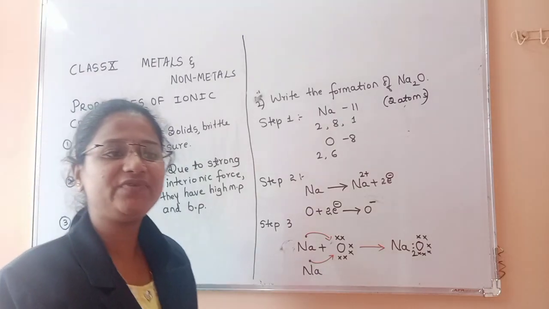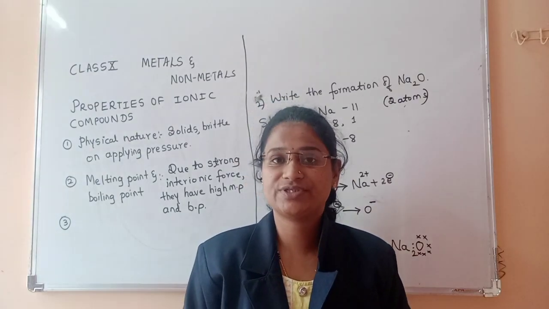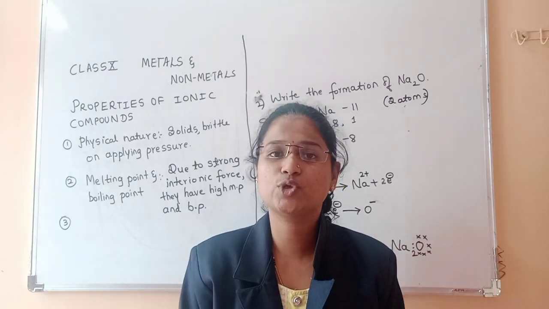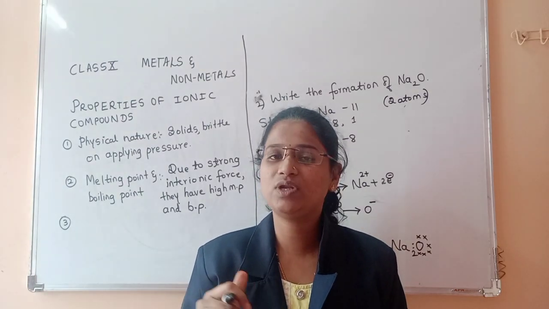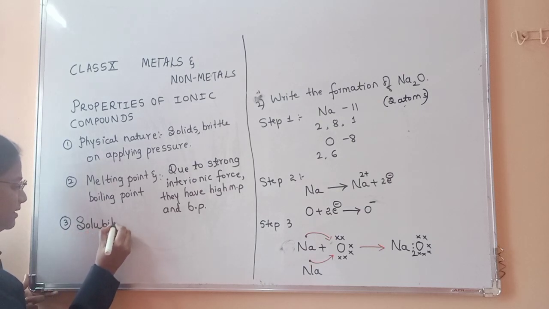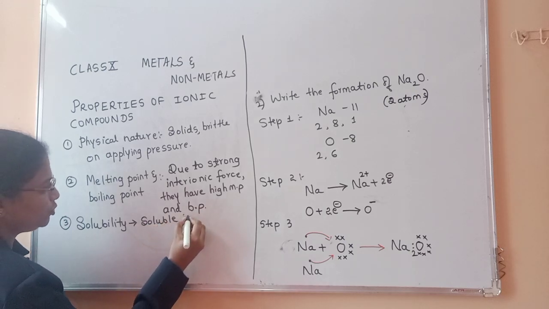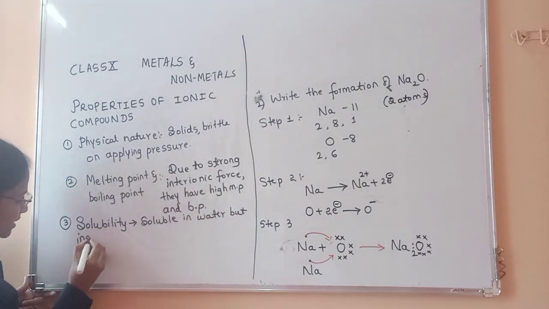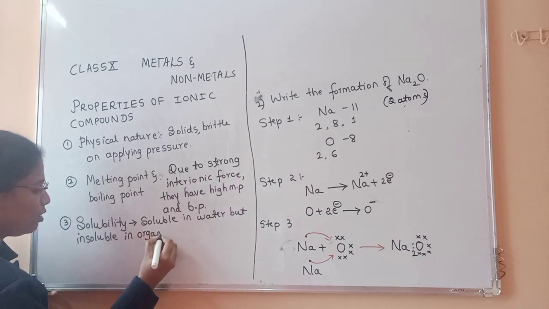Next, when we add these salts to solvents like water, kerosene, and petrol, we come to know that almost all these salts are soluble in water. They are not soluble in organic solvents like kerosene and petrol. So solubility: soluble in water, but insoluble in organic solvents.